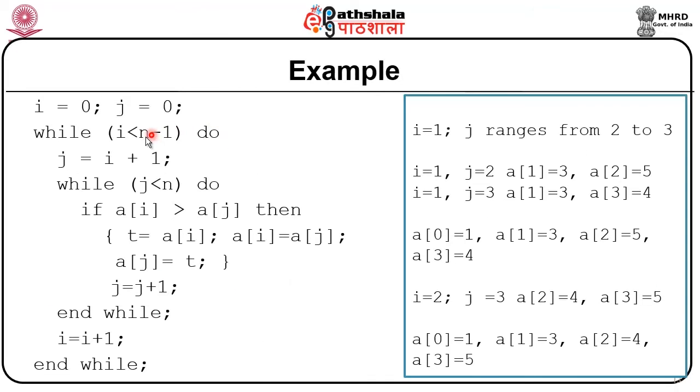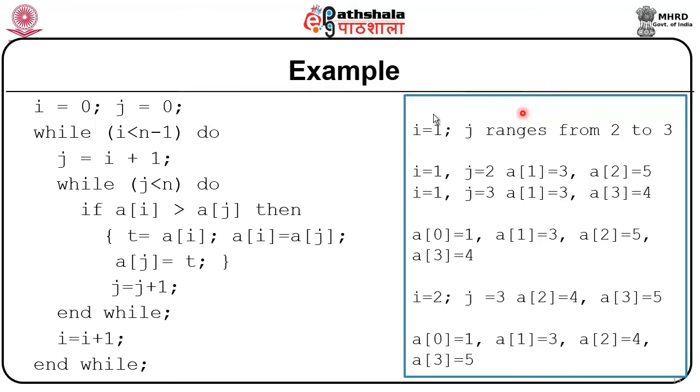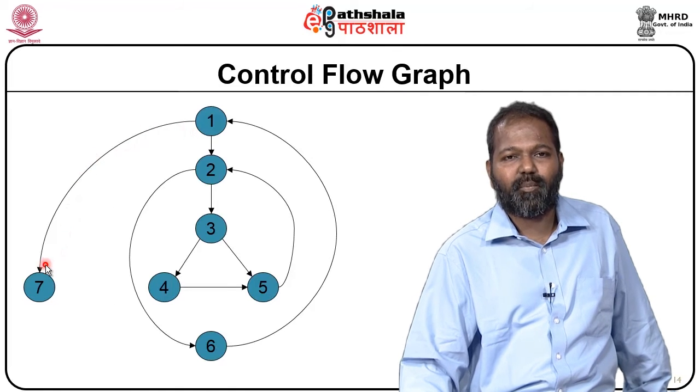Once the condition i less than n minus 1 becomes false, when the value of i, in our case, ranges from 0, 1 and 2, because the value of n is equal to 4, so when the value of i becomes 3, you terminate.